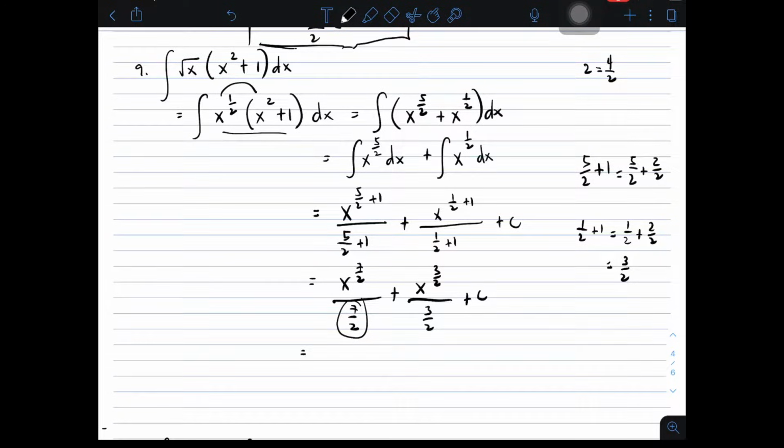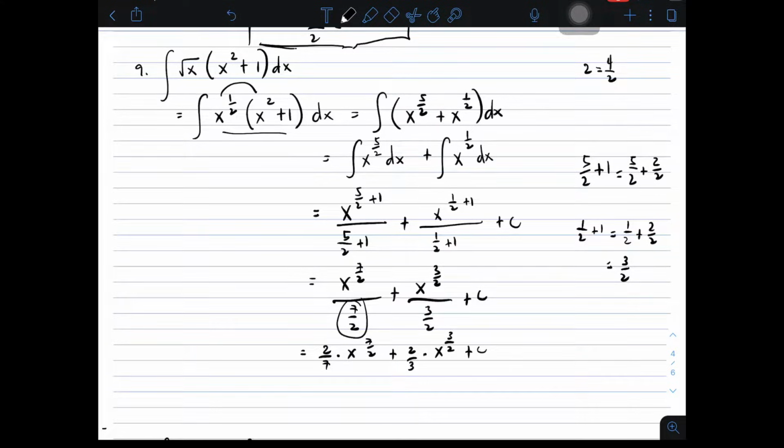So that will be 2 over 7 times x raised to 7 over 2 plus 2 over 3 times x raised to 3 over 2 plus c.